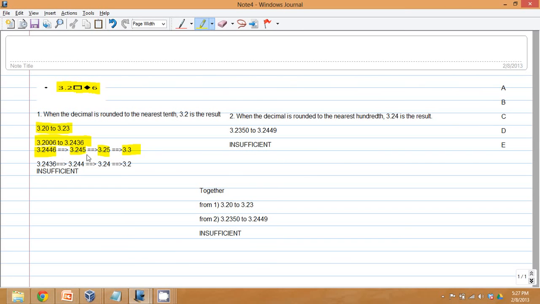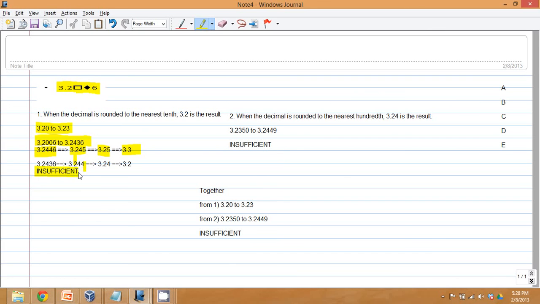So the value over here can be 3.2406. So it can range from anywhere between 3.20 to 3.2406. So again, the 100th place is not very sure. It could range from 0 to 4. So this is not what we are looking for, and it doesn't tell us the exact value of the 100th digit, so this is insufficient.